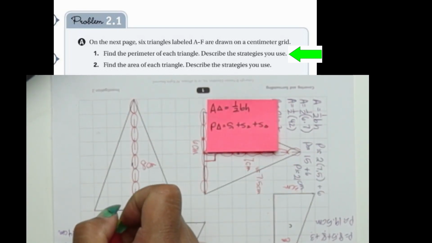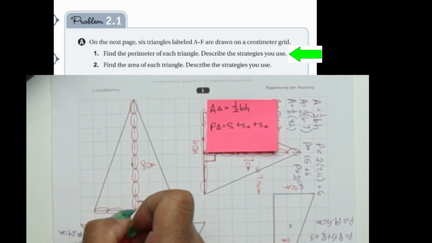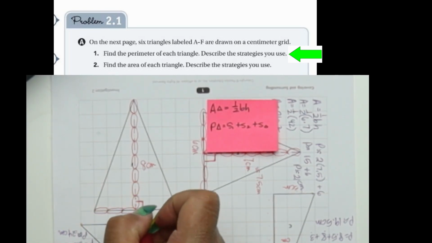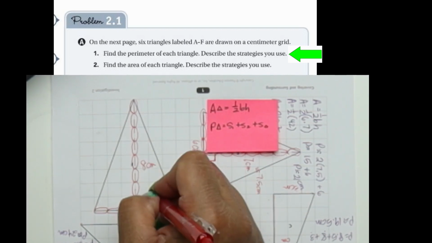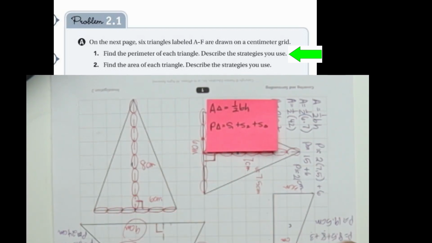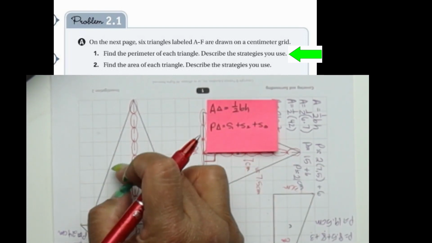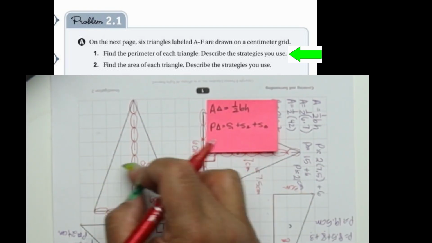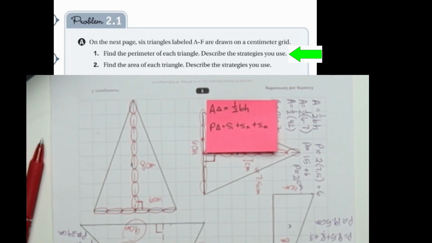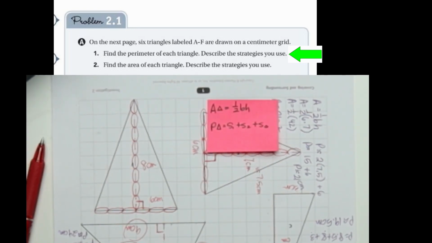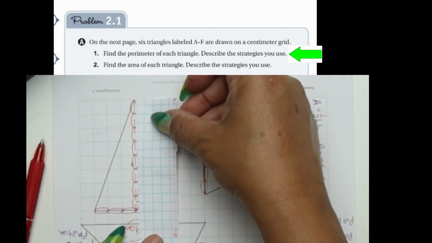Now let's look at the base. 1, 2, 3, 4, 5, 6 centimeters in the base of this triangle. Now I have to find the perimeter, I need to know the length of these 2 diagonal lines. So I'm going to take my trusty paper again and color in what 8 centimeters looks like.